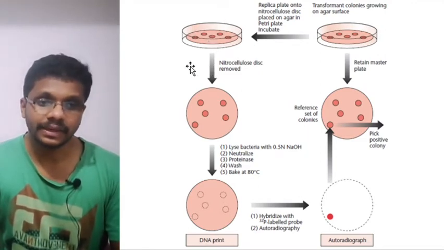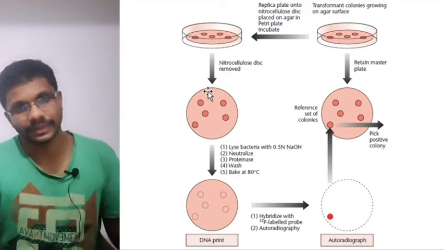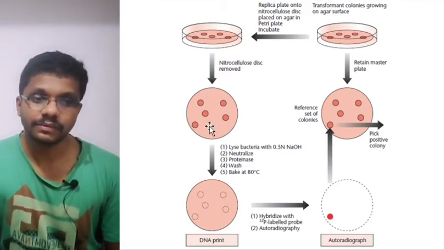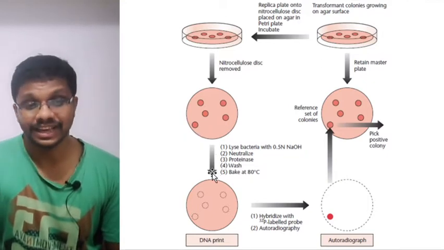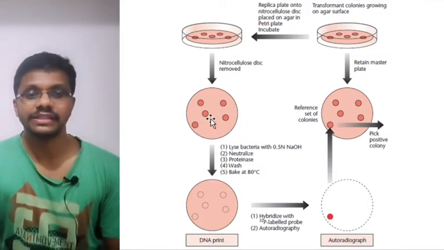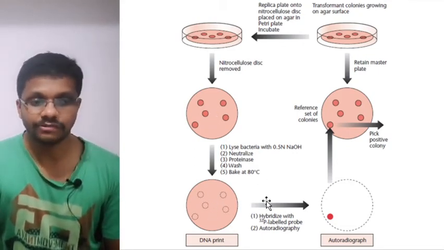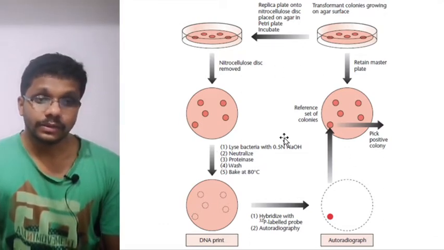From the replica, we put a nitrocellulose paper, and the cells are transferred to the nitrocellulose paper. On the nitrocellulose paper, we do a miniature form of DNA isolation, and we fix this DNA in a particular position. By using particular probes, we find where our genes are. So this is called colony hybridization.